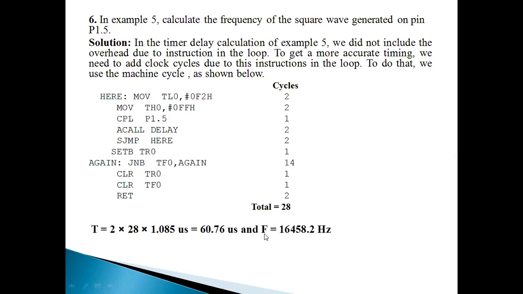So to get the frequency value, we divide 1 by 60.76, which gives us 16458.2 hertz. So this is how we need to find the frequency of the square wave.